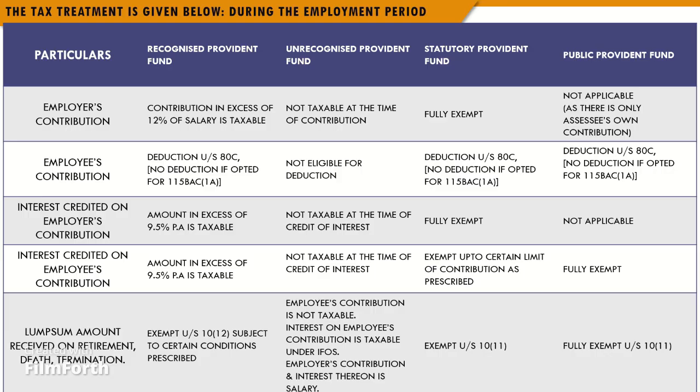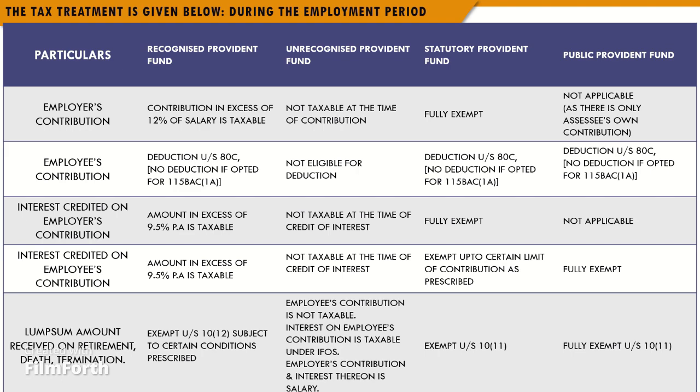Employer's contribution: fully exempt. Employee's contribution: eligible for deduction under Section 80C, wherein the employee exercises the option of shifting out of the default tax regime provided under Section 115BAC(1A).